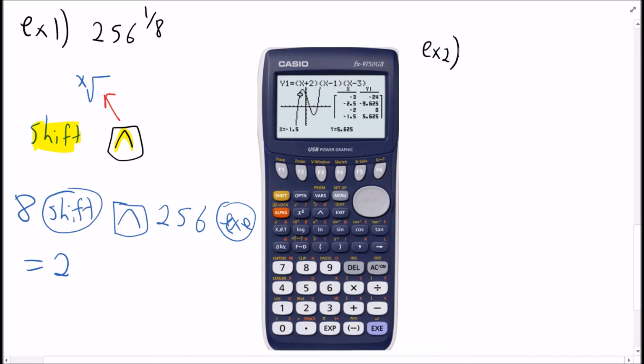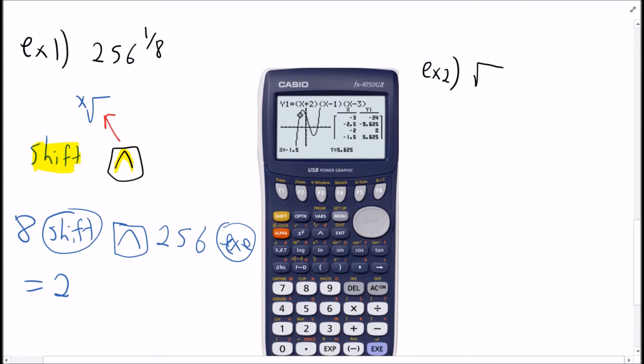Okay, example 2. Let's say we wanted to do the square root of 4x cubed times the square root of x to the power 5. Now the first thing I want to do is try to get rid of these roots. So remember that root is just the same as to the power of 1/2.